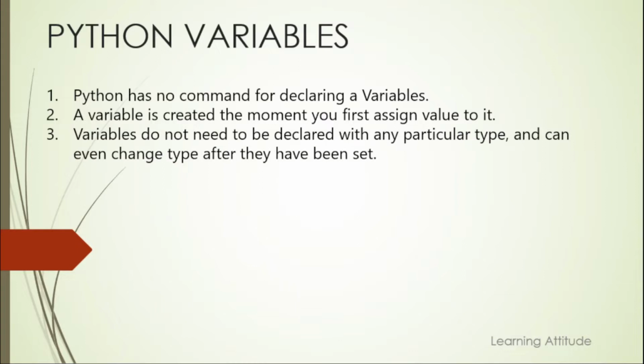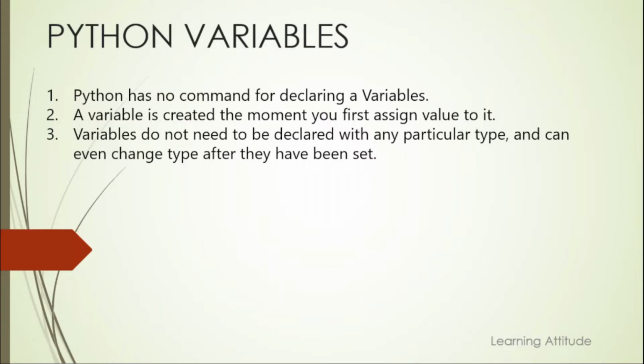Variables do not need to be declared with any particular type and can even change type after they have been set. Means here we do not need to declare any type, integer, string, float, anything. If we enter 5, it will be taken as an integer.